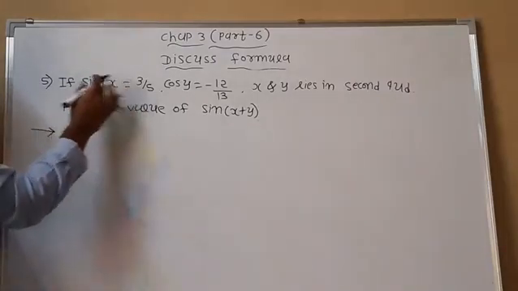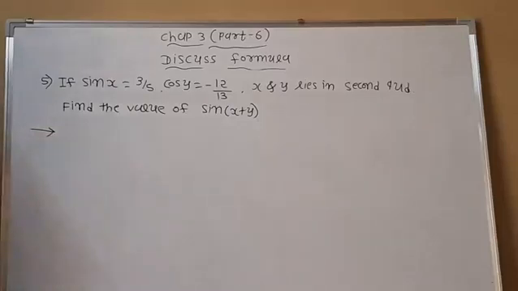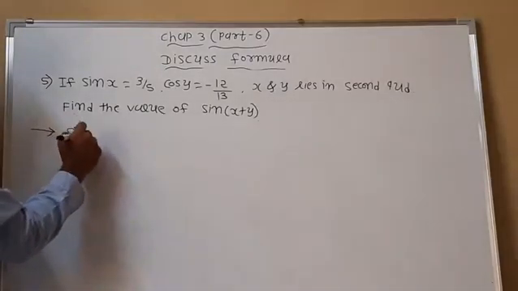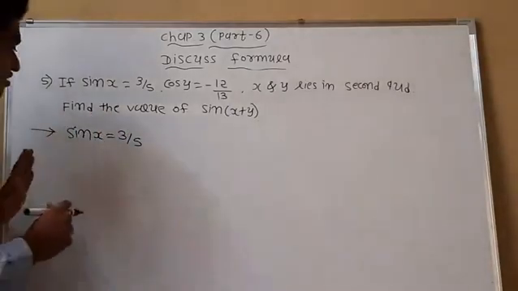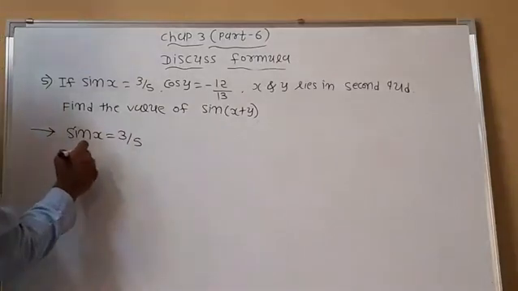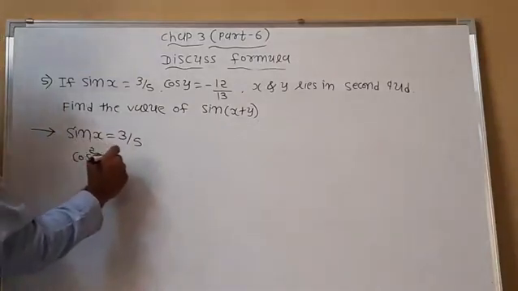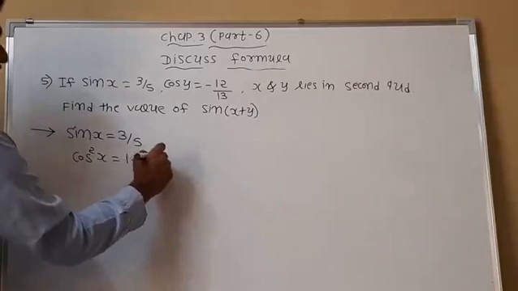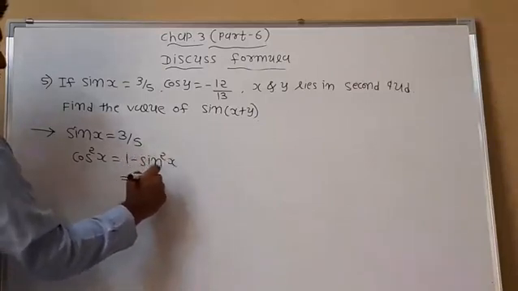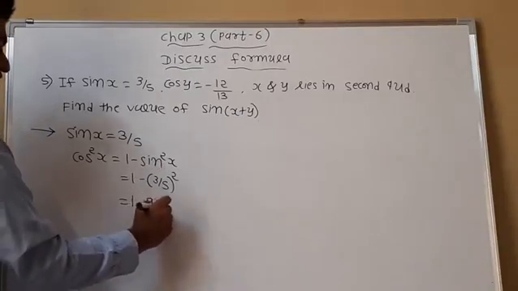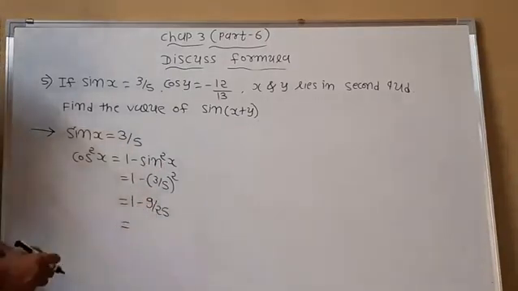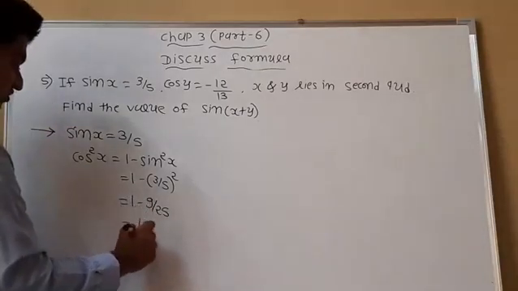and the value of cos is negative in the second quadrant. So first of all, sin x is given, so using sin x, first find the value of cos x. So sin x is equal to 3 by 5. Now we know the relation sin square x plus cos square x is equal to 1. That means cos square x is equal to 1 minus sin square x, 1 minus (3 by 5) whole square, 1 minus 9 by 25, 25 minus 9, that means 16 by 25.